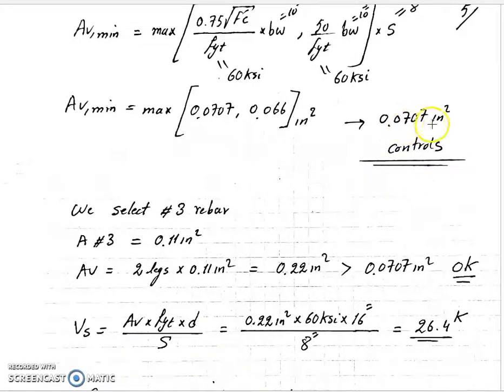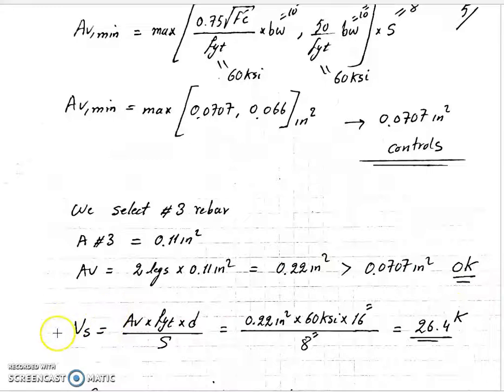So based on this area, we can select number 3 rebar. The area of number 3 rebar is 0.11 square inch. And Av that we needed, we have two legs and we multiply the 2 by 0.11 square inch, we get 0.22, which is greater than 0.0707 square inch. And we are okay.